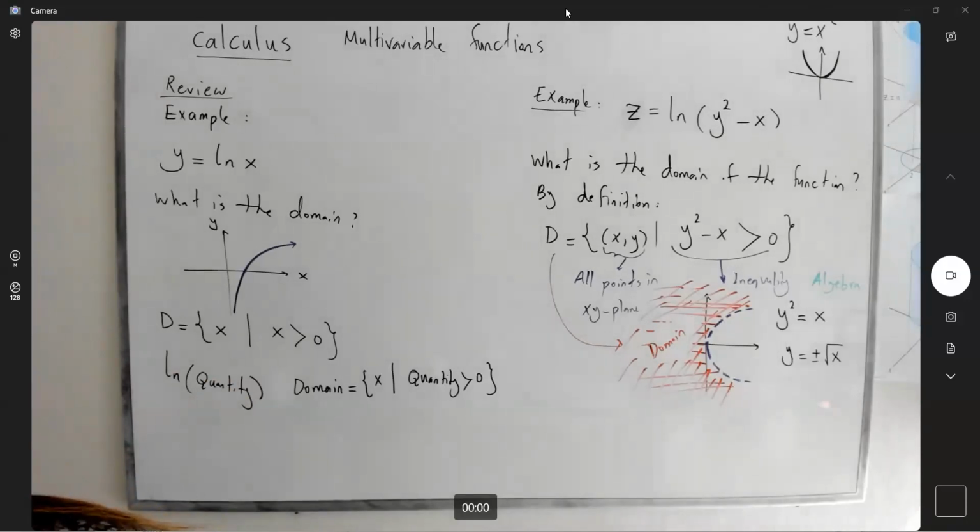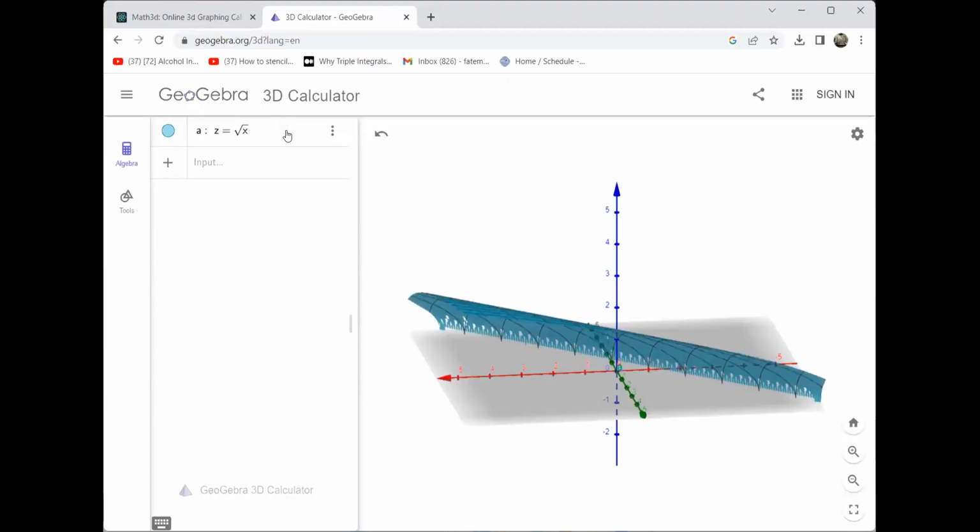Now let's take a look at our website. So suppose here we have ln of the function y squared minus x.